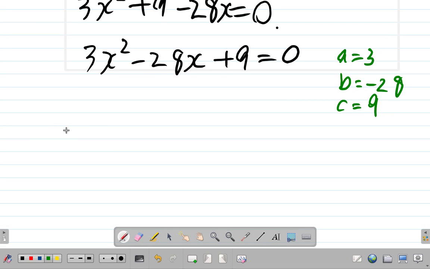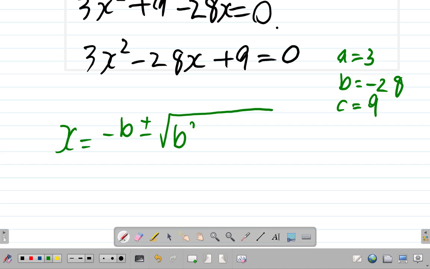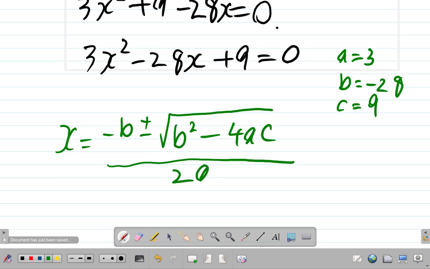And we just write it here again. The formula says x equals negative b plus or minus the square root of b squared minus 4ac all over 2a.